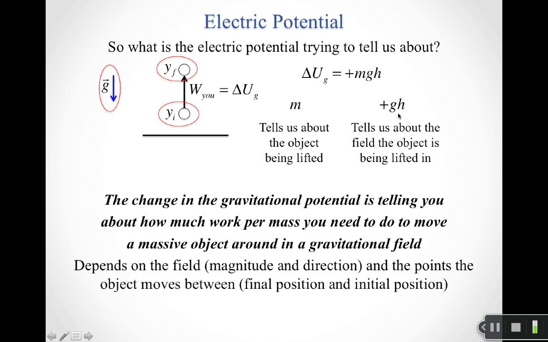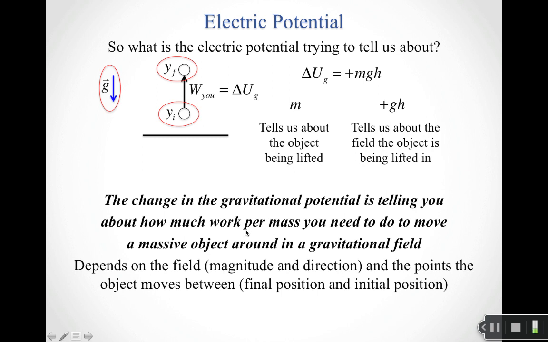And again, you can see that it depends on the strength of the gravitational field, that's g. The h is telling us how far we moved, and then the plus is telling us how we moved relative to the direction of the gravitational field. So the gravitational potential is trying to tell us really about how you're moving around in the Earth's gravitational field.